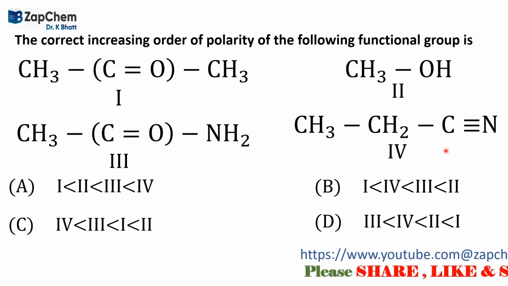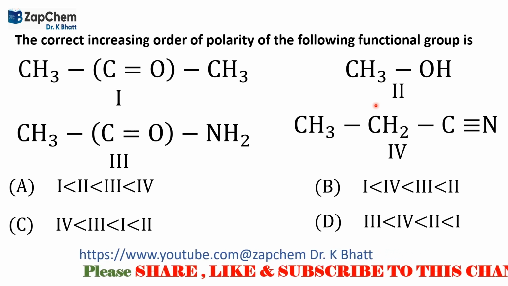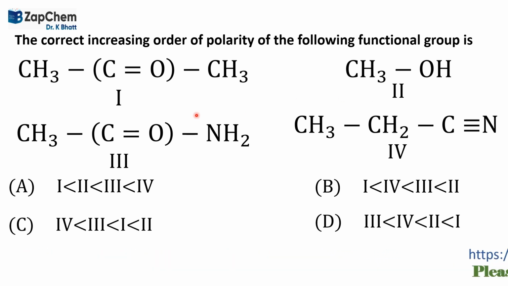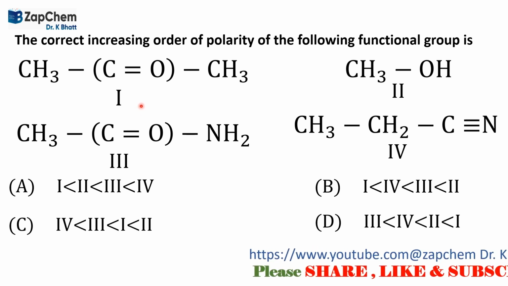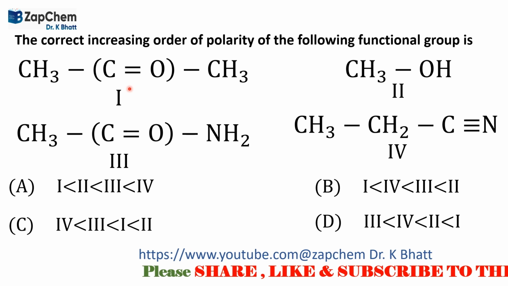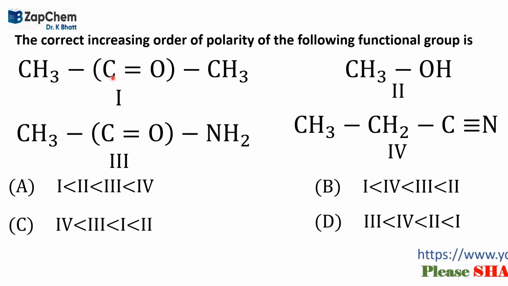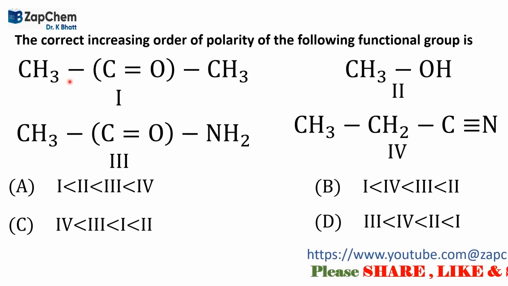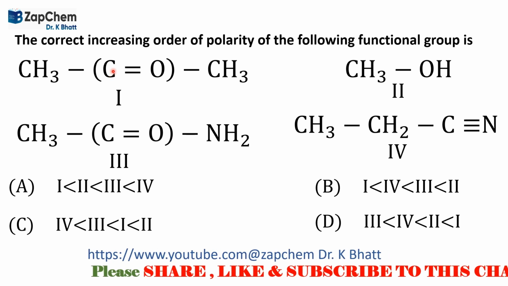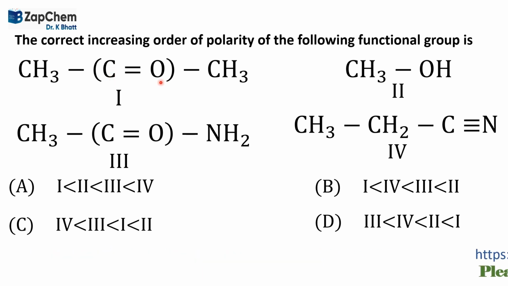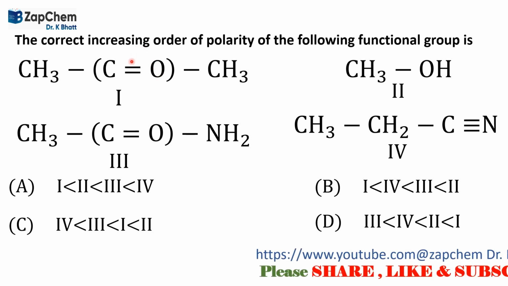Now accordingly, if we are required to decide the polarity of the molecules, the polarity of the functional group, we need to look at the electronegativity difference between the two combining atoms forming a functional group. For example, in the carbonyl group C=O in acetone, definitely there is an electronegativity difference between carbon and oxygen, and therefore it will have certain polarity.